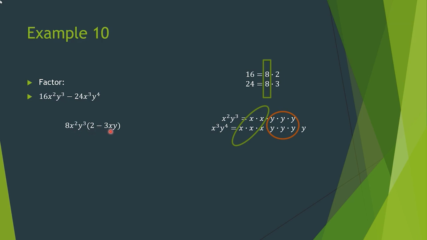What goes here is the what. So what times 8x squared y cubed gives you 24x cubed y to the 4th? It would be 3, right? 8 times 3 is the 24. And then you're missing 1x for this one, and you're missing 1y for that y to the 4th. So that's how you'd find the GCF.